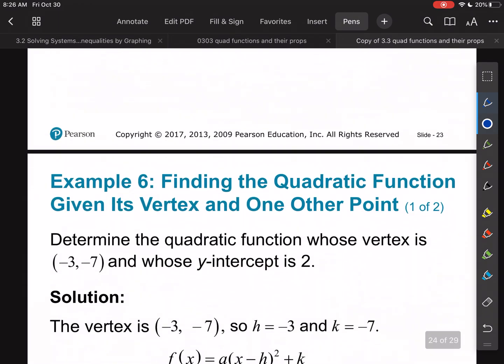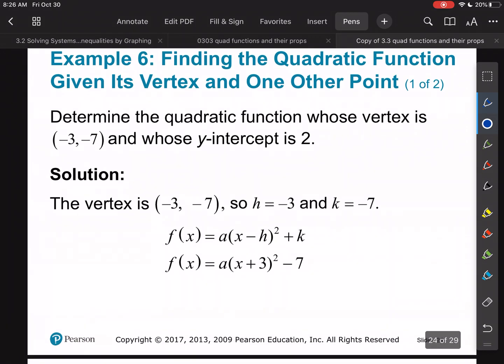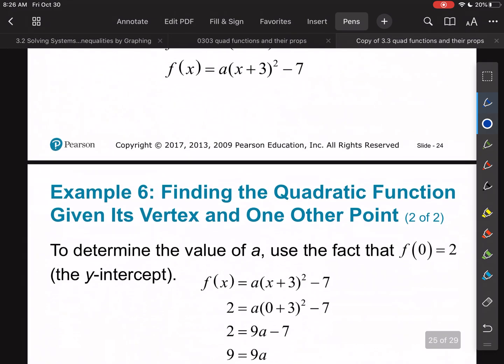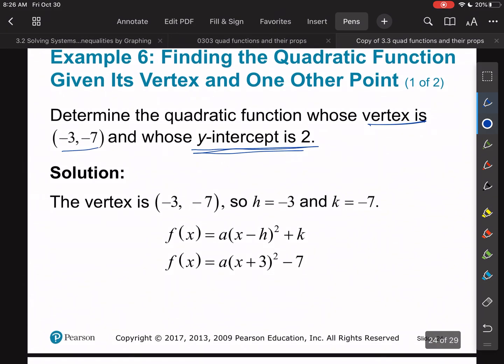All right, so if they give me something, like here it says the vertex is -3, -7, and the y-intercept is 2. I guess I had the solution in there. What you're going to want to do is start with the vertex form of the equation. y is equal to a times (x minus h) squared plus k.